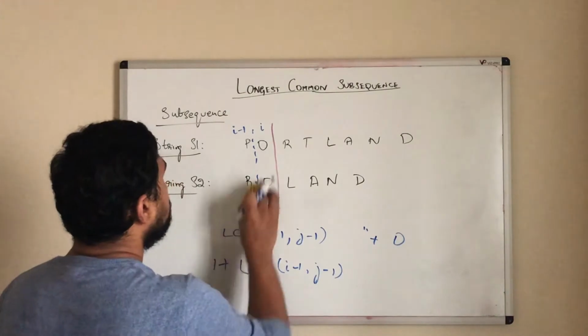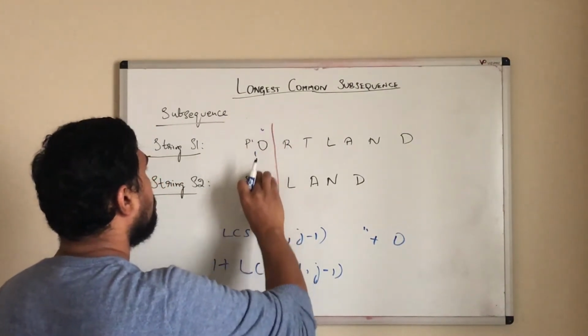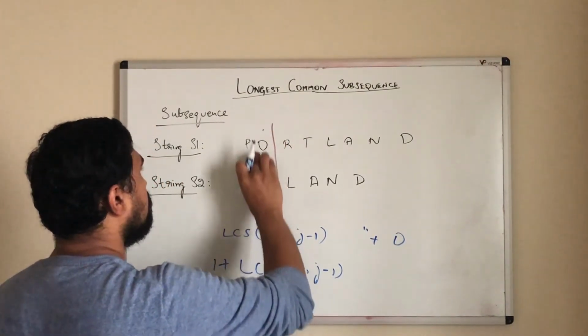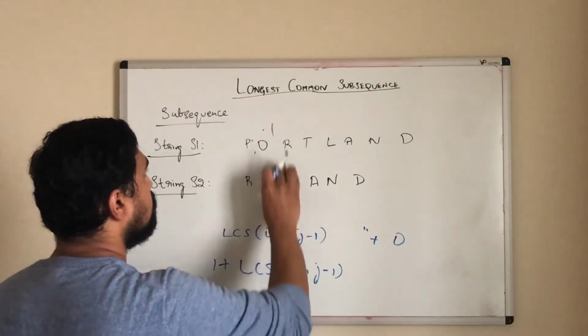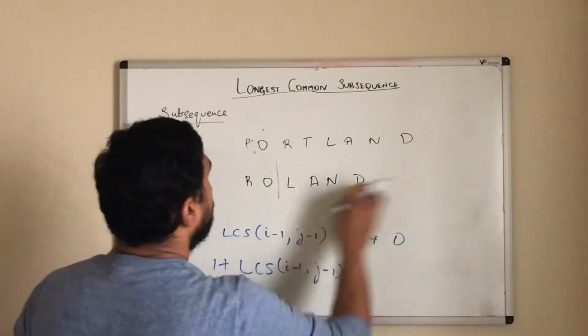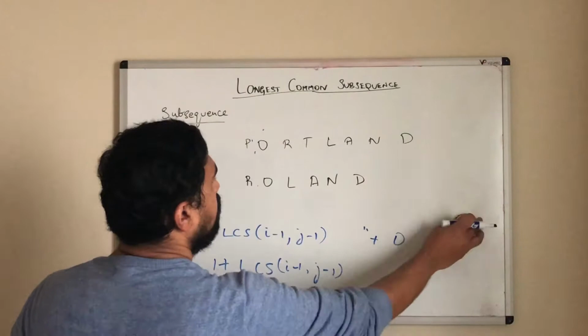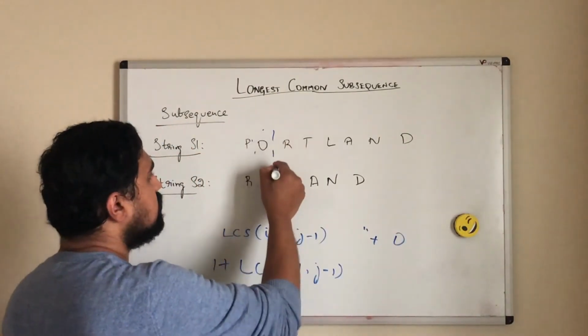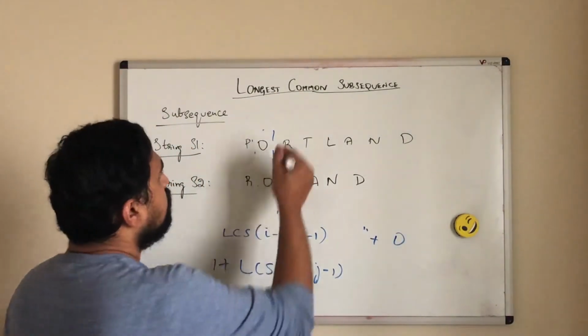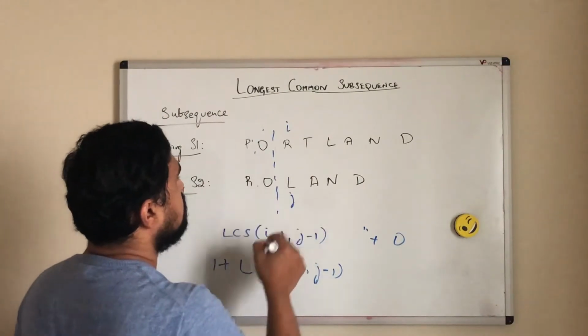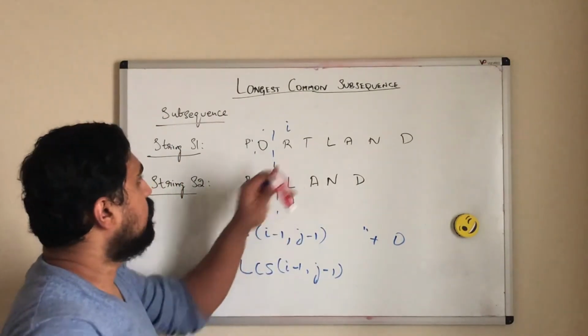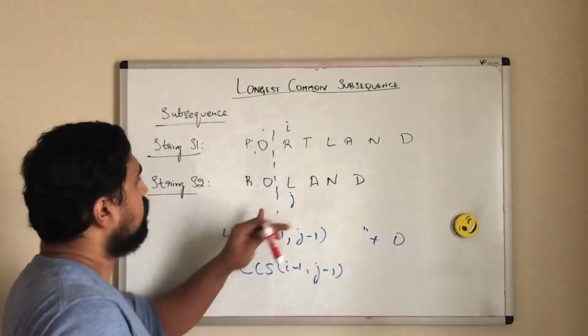So I'll remove this. Now we know the solution till this point, isn't it? So I is here, J is here. Now we know the solution till here.